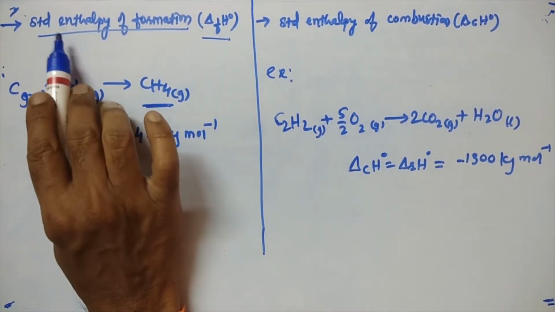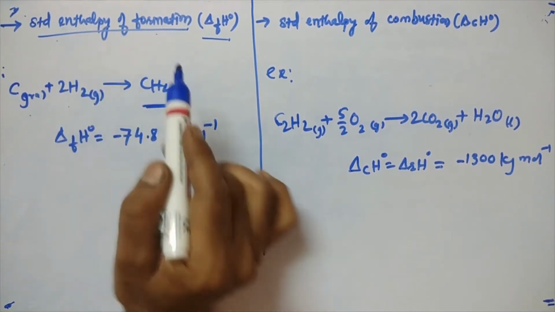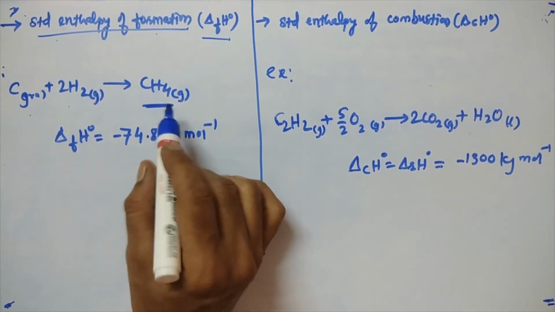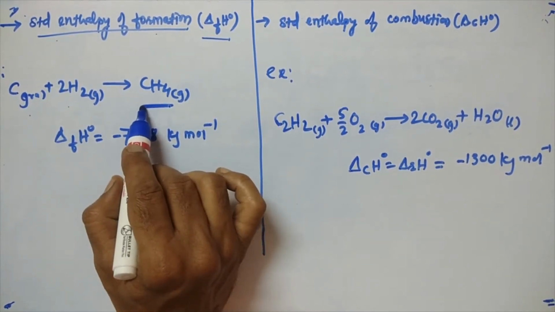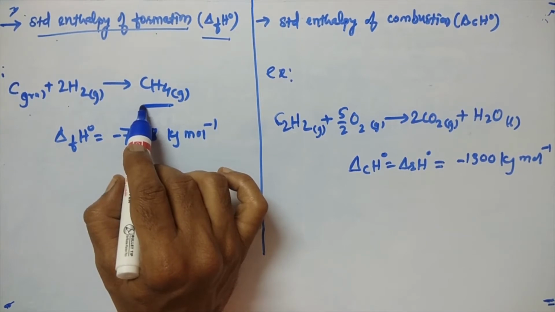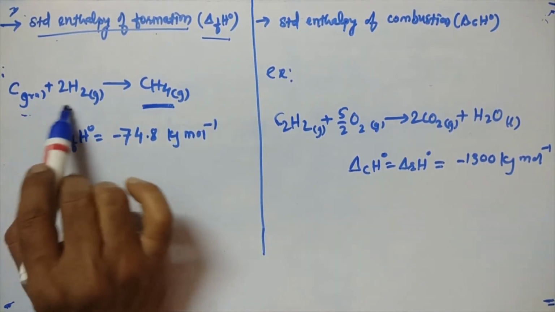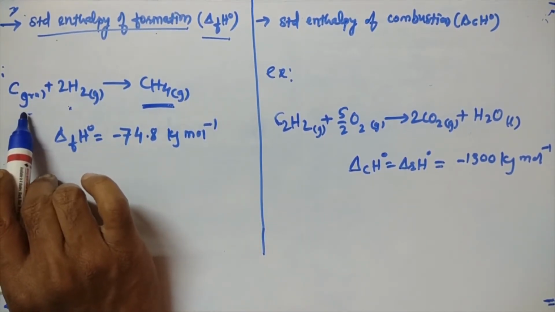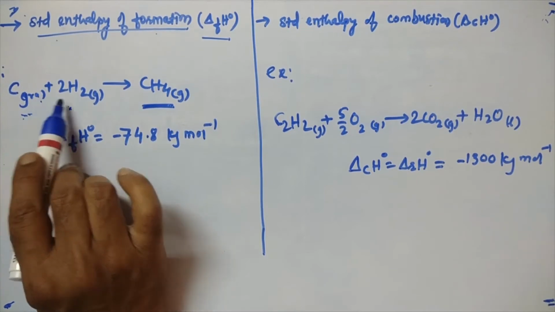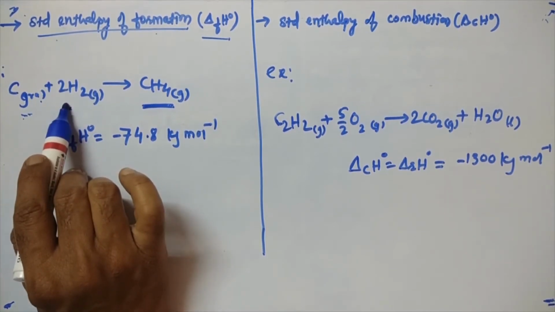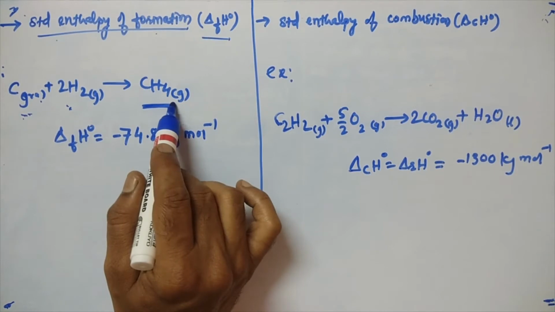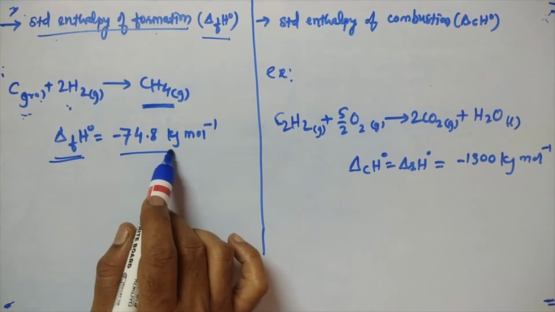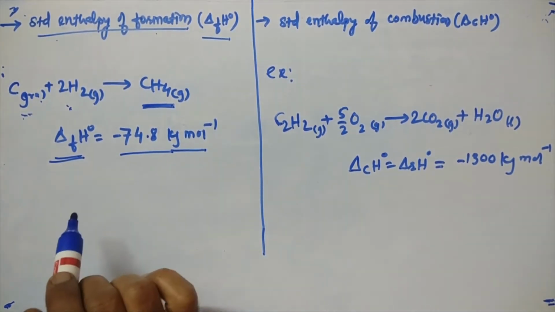One example is given here: carbon in graphite form reacts with gaseous hydrogen, forming 1 mole of methane, and the standard enthalpy of formation for this reaction is minus 74.8 kilojoules per mole.